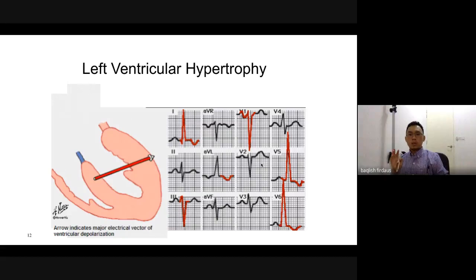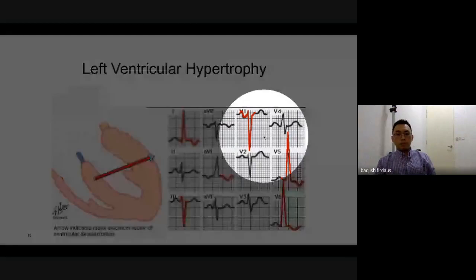Voltage criteria means the summation of the S wave in V1 and R wave in V6, or the summation of S wave in V2 plus R wave in V5, will be more than 7 big boxes.